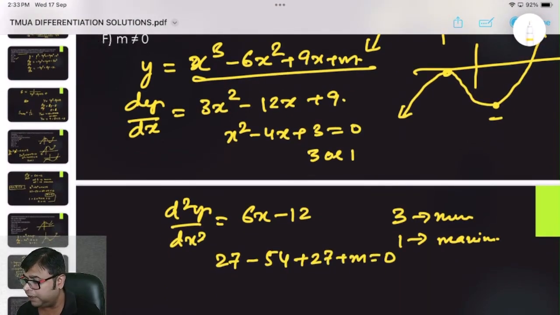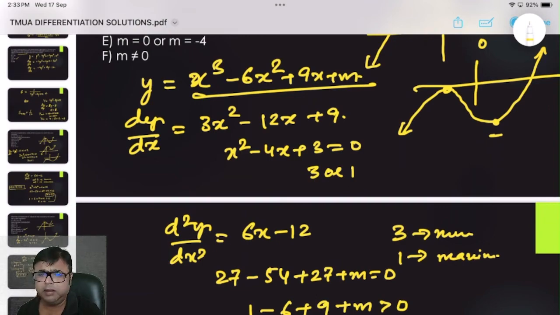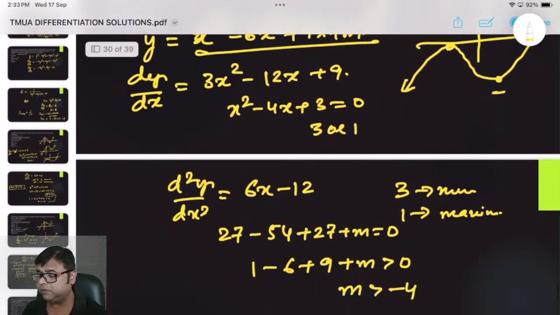So if I put 1, I'll get 1 minus 6 plus 9 plus m should be positive. So m should be greater than minus 6 and 9 plus 1, m should be greater than minus 4. And 0 is greater than minus 4. So I'm getting one value of m as 0.